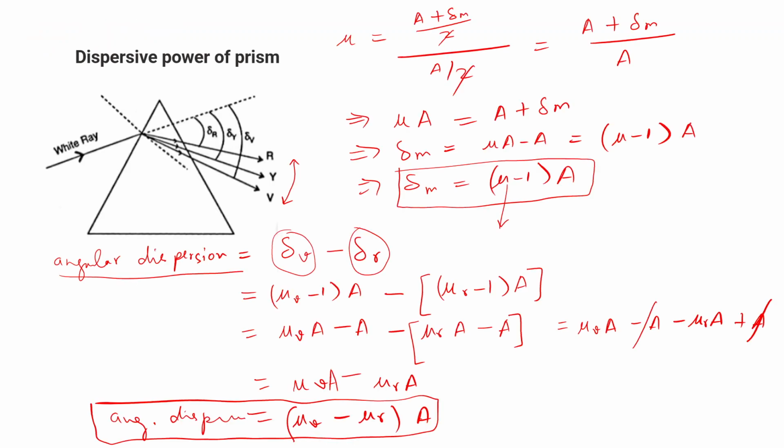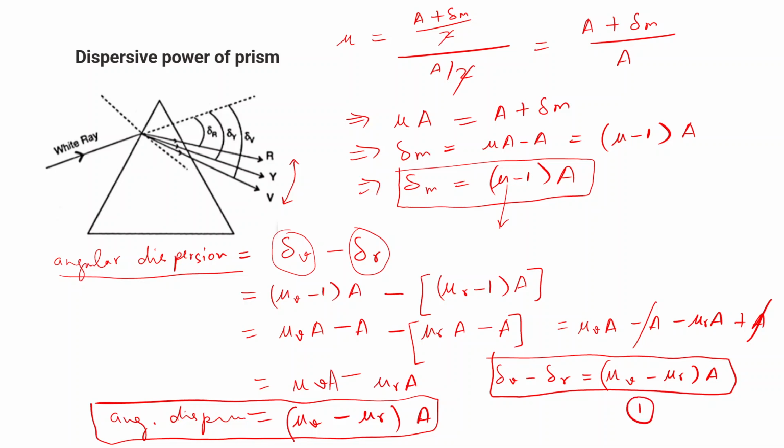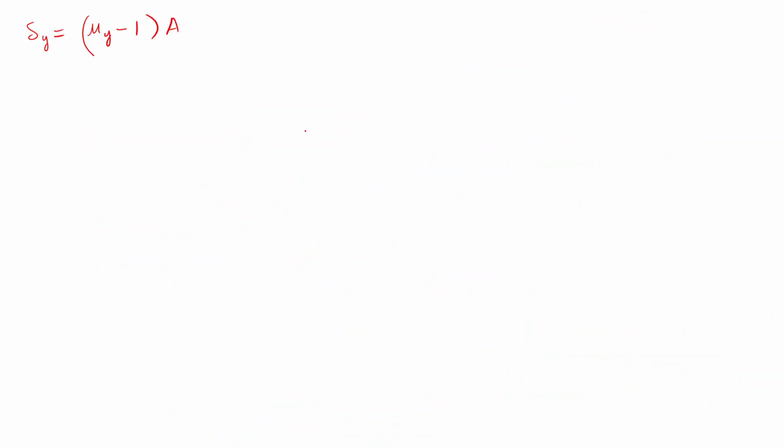Okay, now this is the left hand side, and on the right hand side we get this. So taking this as equation 1, this is the relation for yellow light.